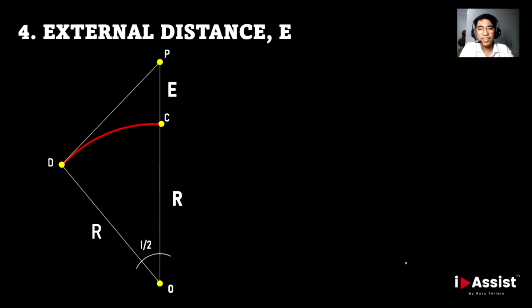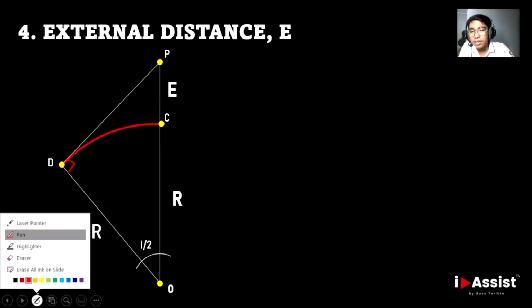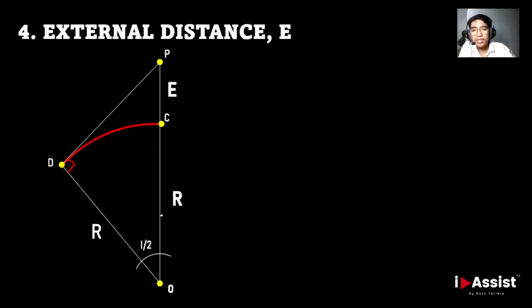Magiging ganun yan. Okay? So, anong trigonometric identity na naman ang gagamitin natin? Since ito yung 90-degree angle natin, etong side na to is the hypotenuse. So, ibig sabihin, meron tayong R, which is adjacent to this angle, and we have the hypotenuse.